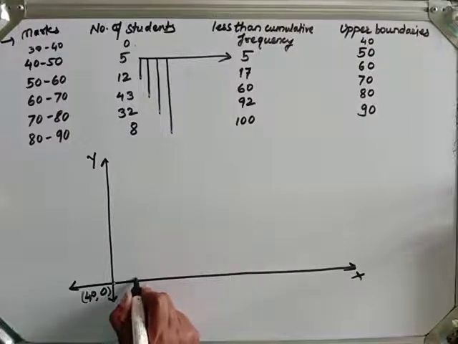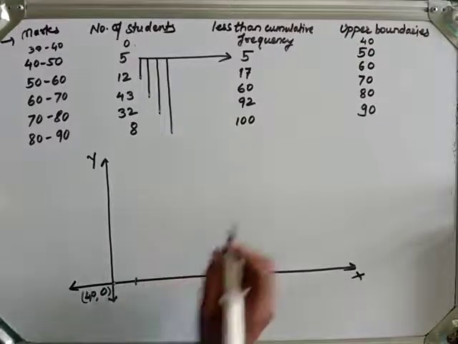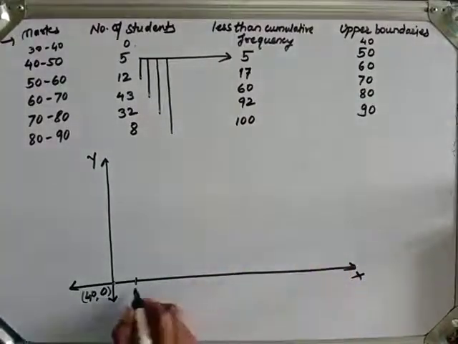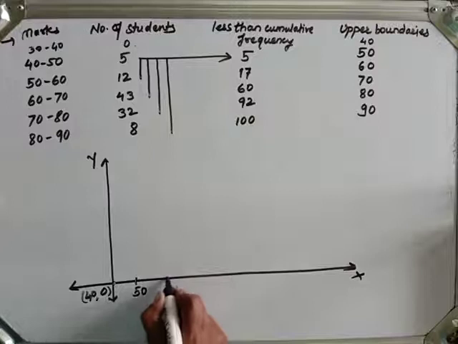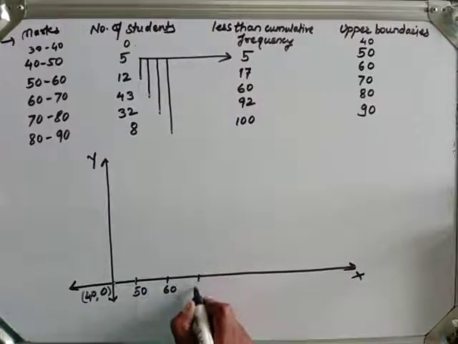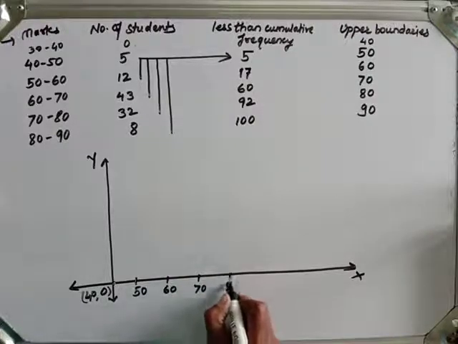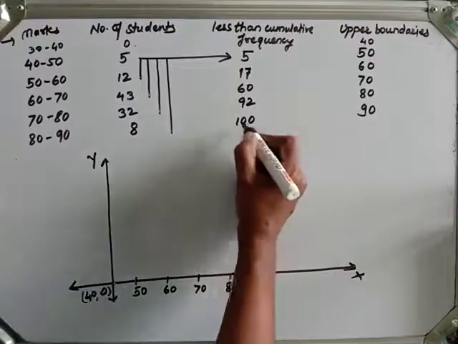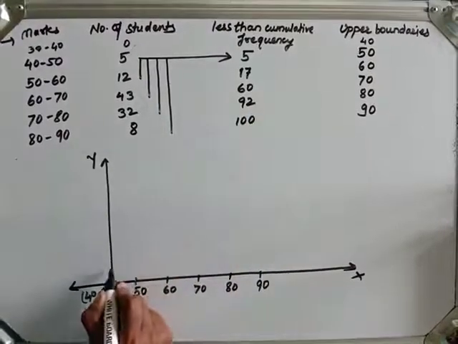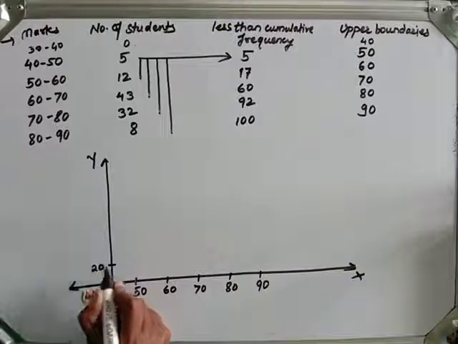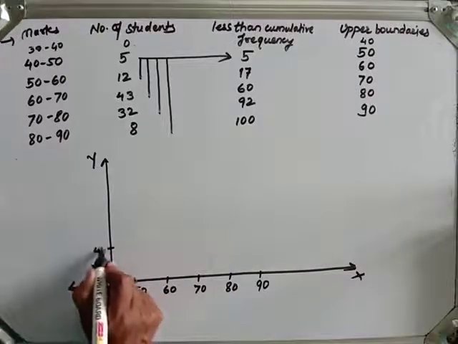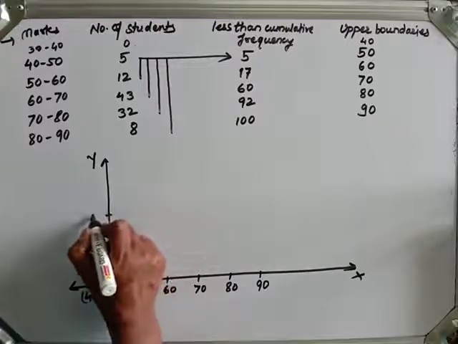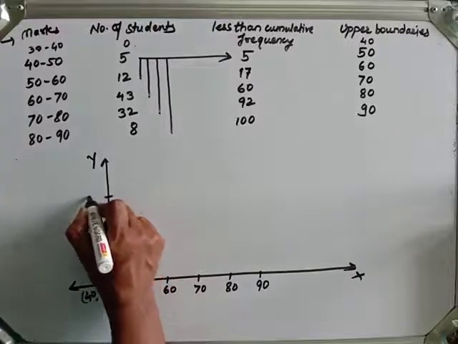Let us take the upper boundaries on the x-axis: 50, 60, 70, 80, 90. On the y-axis we have to go up to 100, so let me take one unit as 20, then 40, 60, 80 and 100.